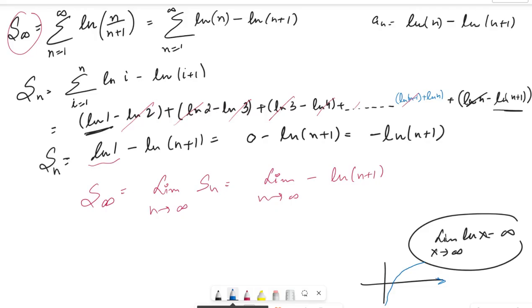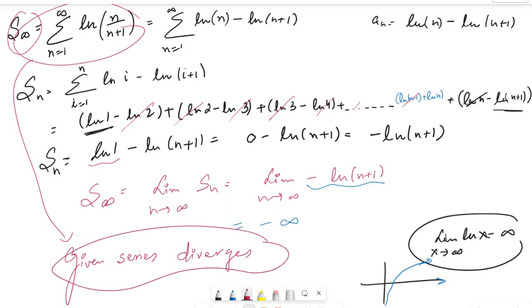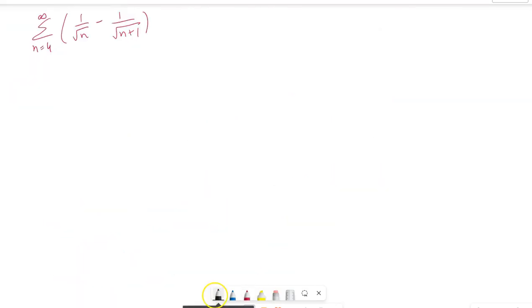As x approaches infinity, log x approaches infinity. So this is going to come to negative infinity. If the sum S infinity of any series comes to be infinity, we say the given series diverges. We do not say it converges to infinity, we say that it diverges.